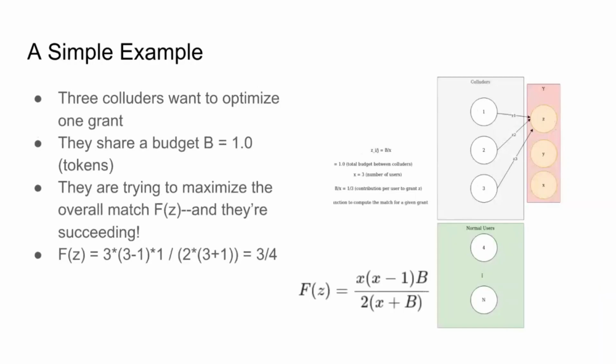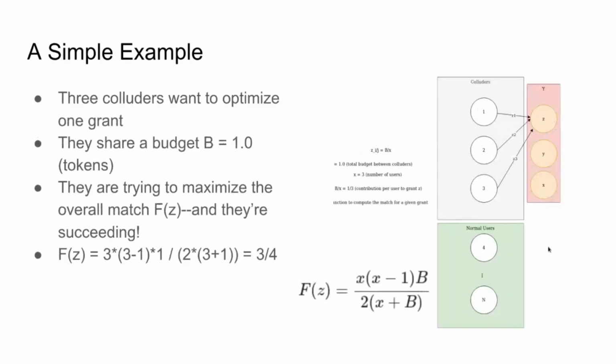We can compute that the maximum match they could achieve is by splitting up their budget 1/3 apiece, putting that towards Z, and if we run it through this closed form solution, we see that the maximum match they could achieve is 3/4. Obviously we're using our own closed form solution, but we validated this against the CLR formula, and we'll show that in the coming slides.